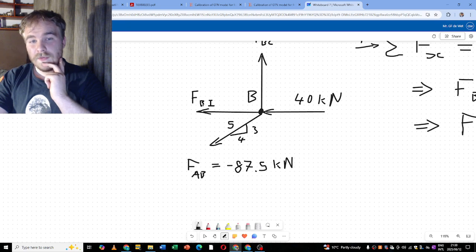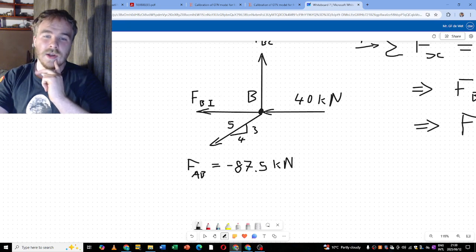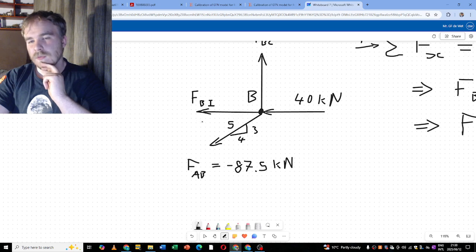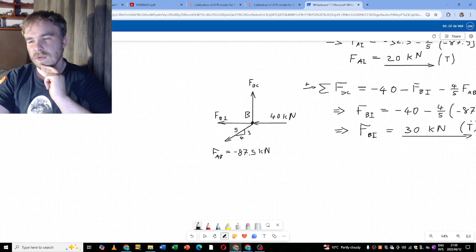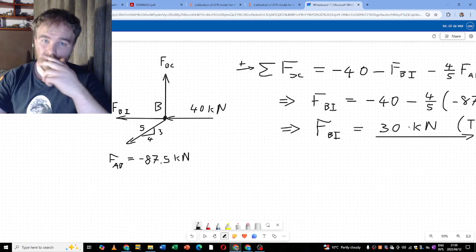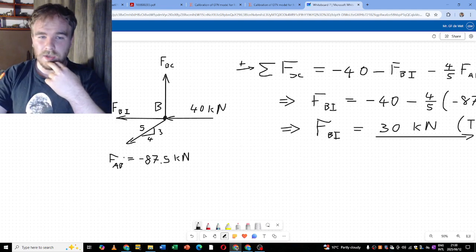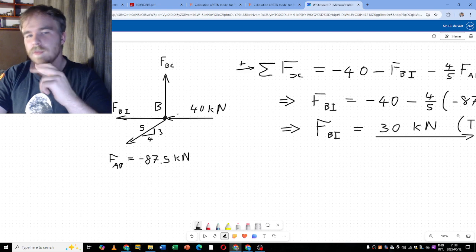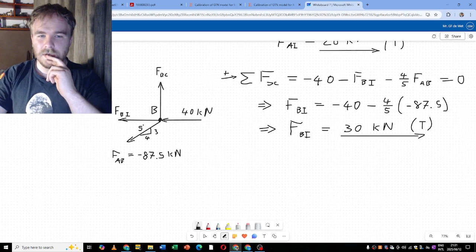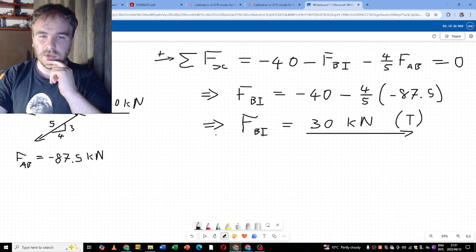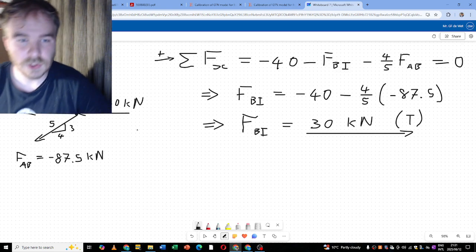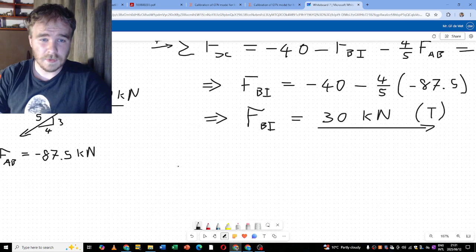So FBI is definitely in the correct direction for equilibrium because it needs to pull away from FAB, which is larger than this 40 kilonewtons. And we expect a relatively small value, so, well, relatively small. 30 kilonewtons is large, but smaller than the other values we already have specified over here. So it all makes sense thus far. And so, yes, 30 kilonewtons seem to be correct in tension. Great, so we trust that one.